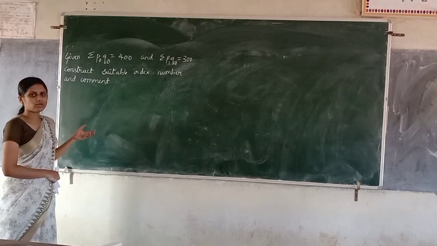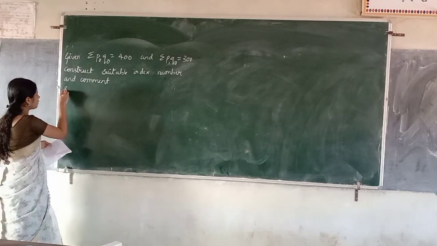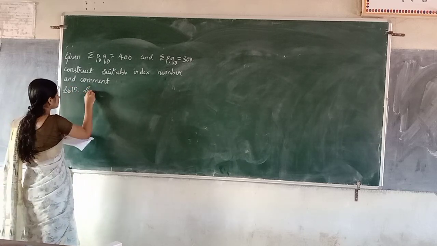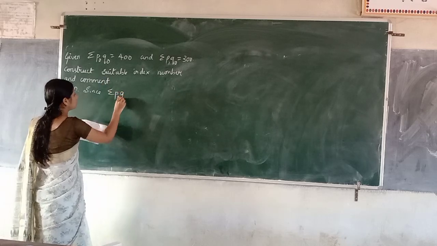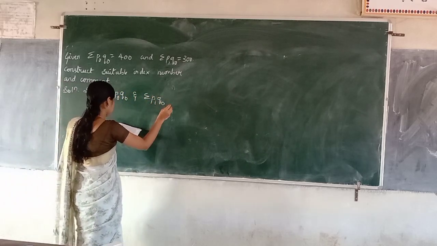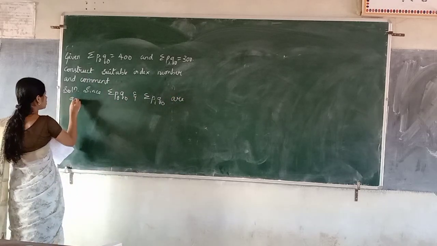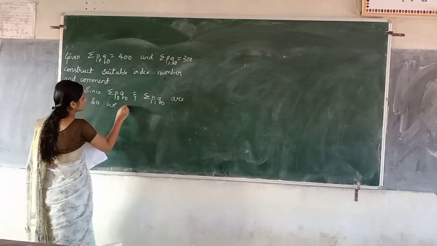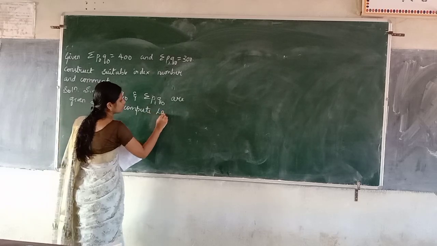That's why we are going to calculate last year's price index number. So in the solution, you can write it as, since summation of P0 Q0 and summation of P1 Q0 are given, we compute last year's price index number.